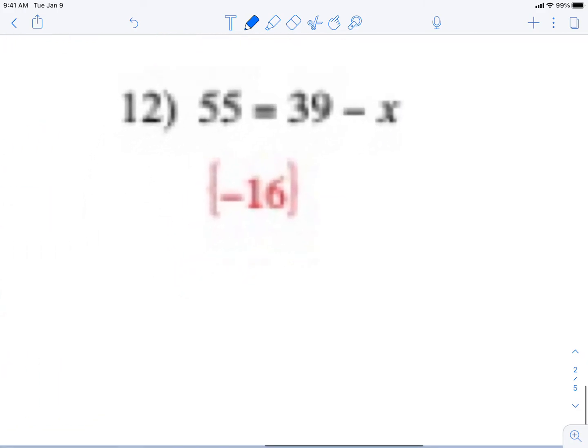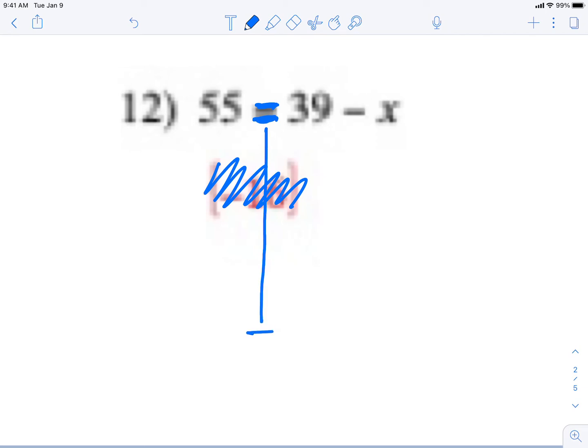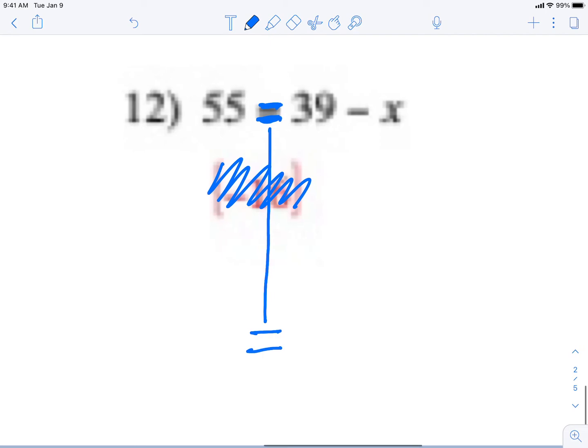Finally, last number here. So let's cross out negative 16, and let's write this equal sign here, and let's draw. So this one's a little different. I'm glad that this one was the last one. What invisible number is in front of this x here?